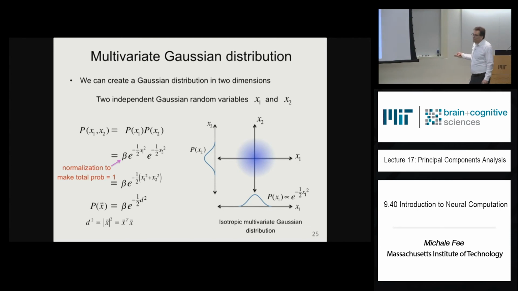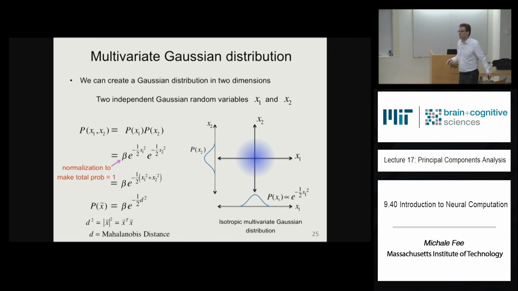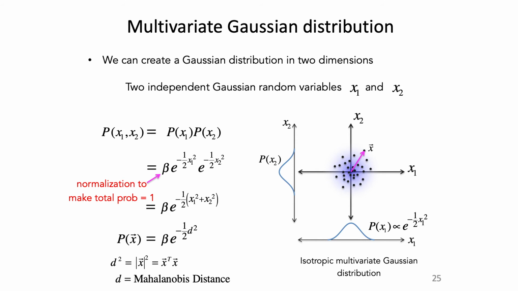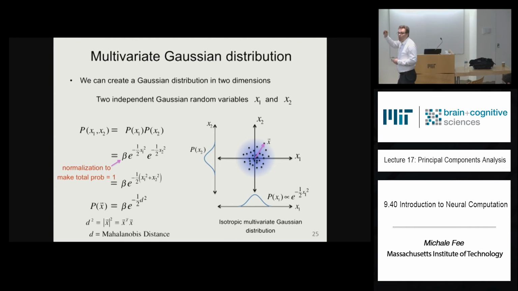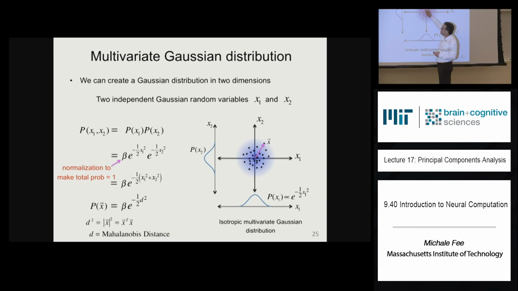Okay, so this distribution that we just built is called an isotropic multivariate Gaussian distribution, and that distance d is called the Mahalanobis distance, which I'm going to say as little as possible. That distribution now describes the probability of finding these different points drawn from that distribution as a function of their position in the space.